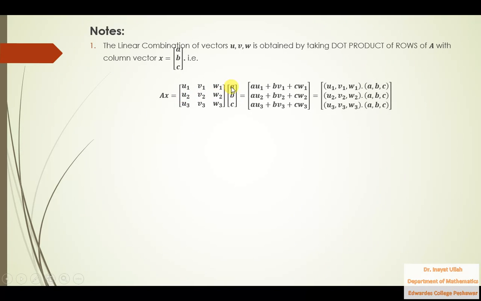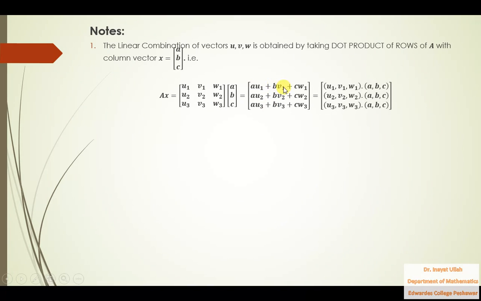Similarly, au2 plus bv2 plus cw2, and thirdly au3 plus bv3 plus cw3.